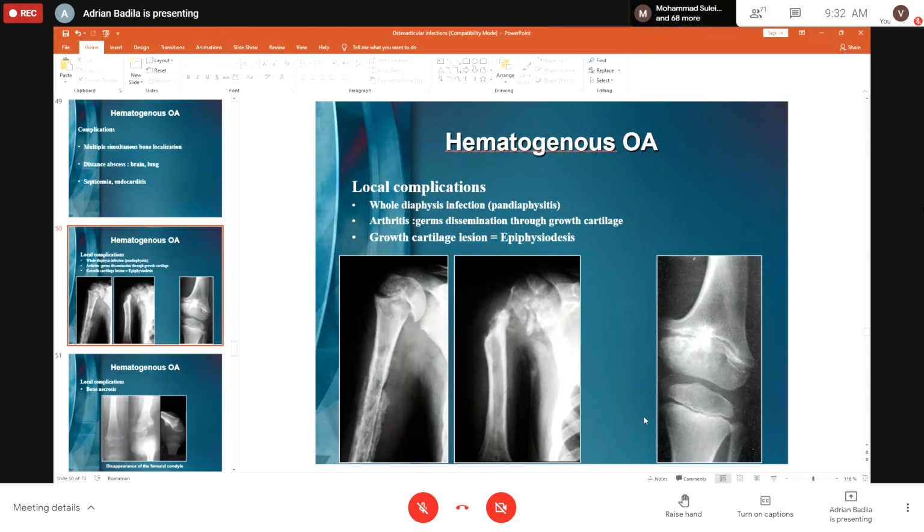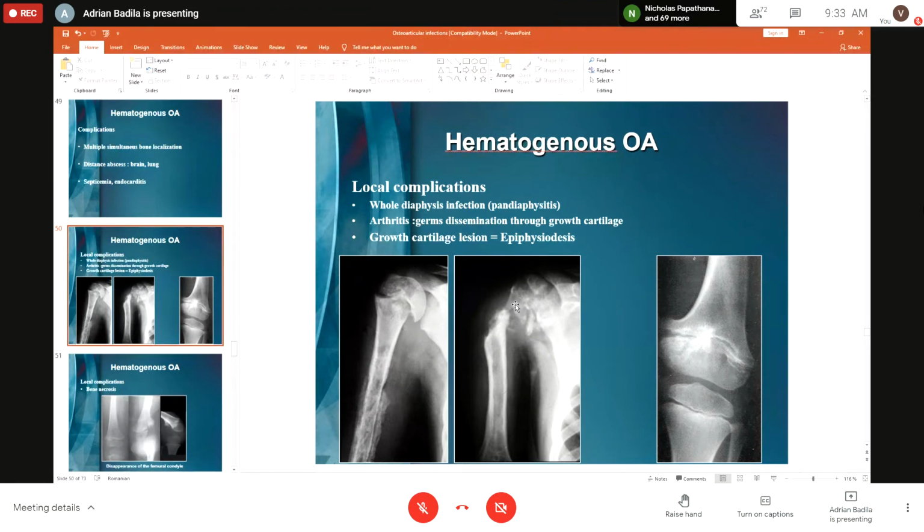So the lesions at the level of the growth plate can lead towards a complication that will lead to misalignment and lower limb length discrepancy. Other examples, here we have a pandiaphysitis with periosteal reaction here.